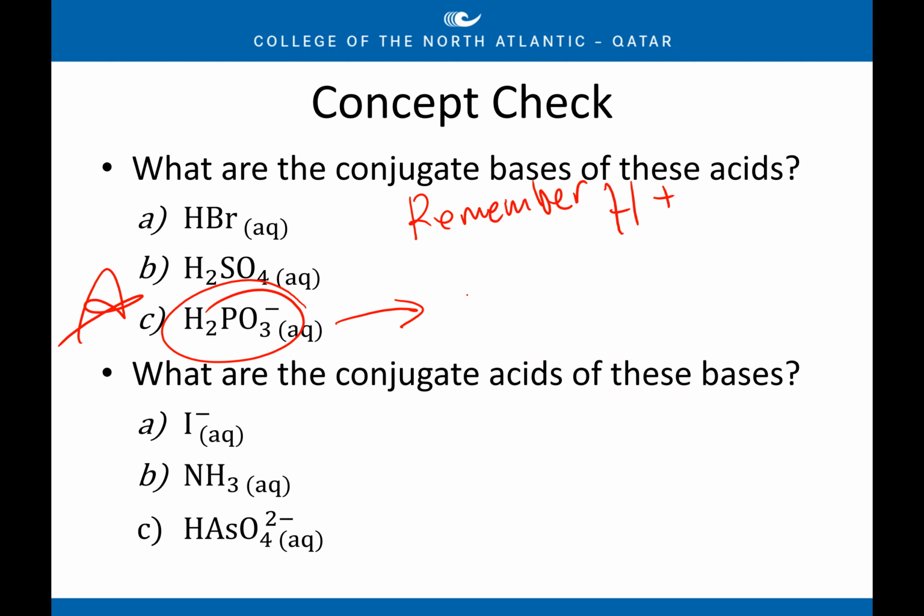So I'm going to remove a hydrogen. So H, again, I'm not worrying about charges. I'm not worrying about anything like that. I'm just removing a proton. So H2 becomes H1PO3.